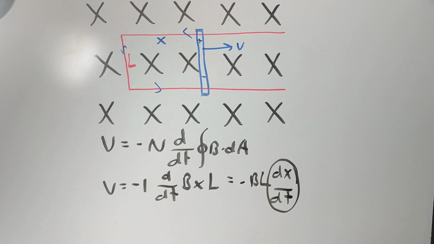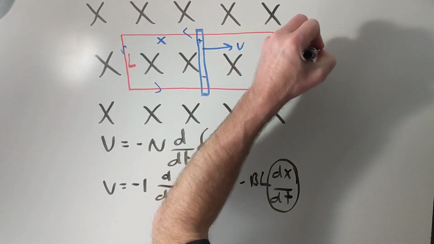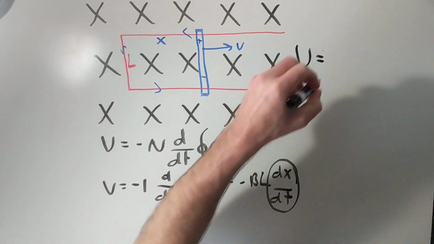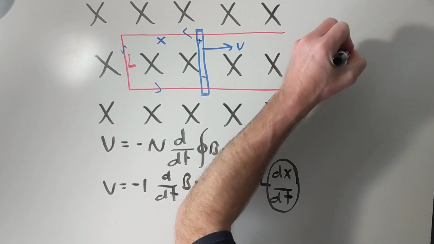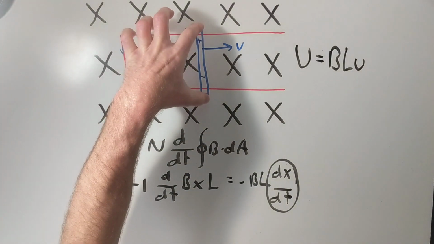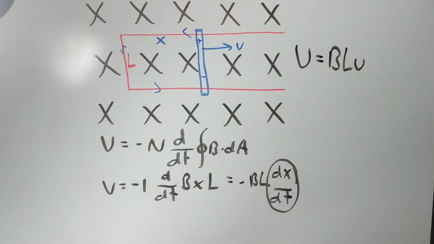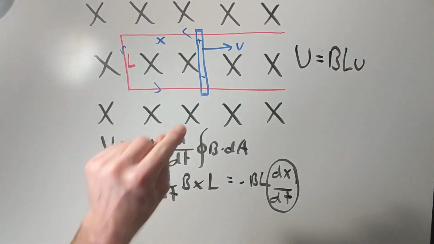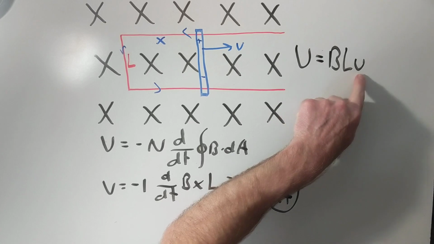So what you find here is that the voltage that's generated, and I'm going to ignore the negative sign here, is BLV. And that turns out to be something that's very convenient later, because anytime you have some kind of metal bar or even a piece of a wire that's moving, the voltage that's generated is BLV.